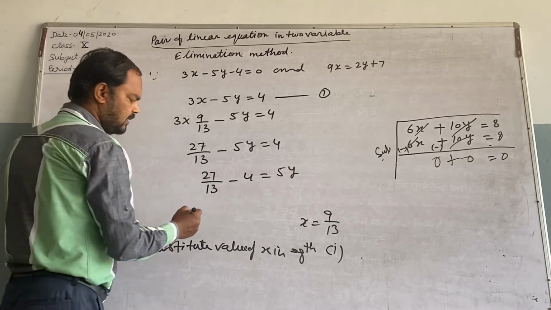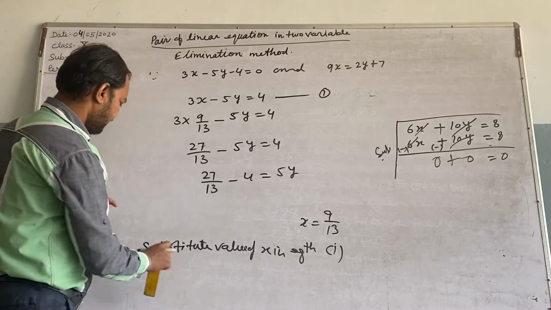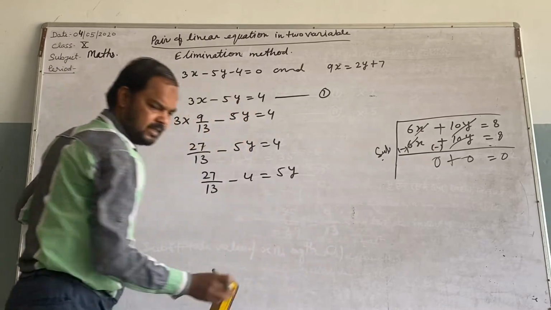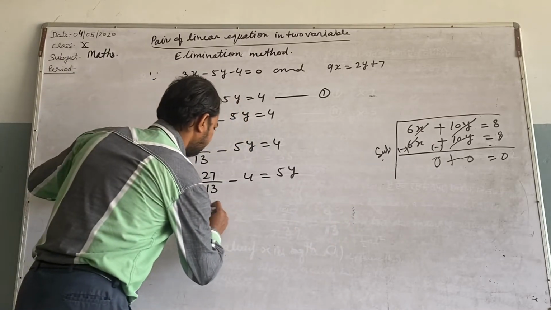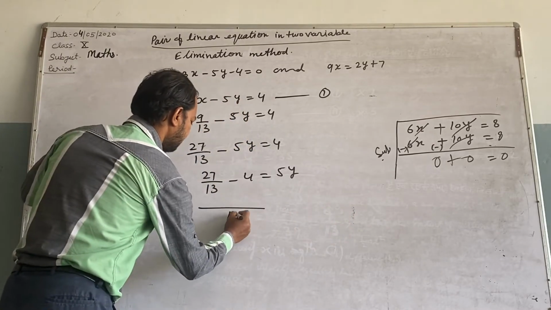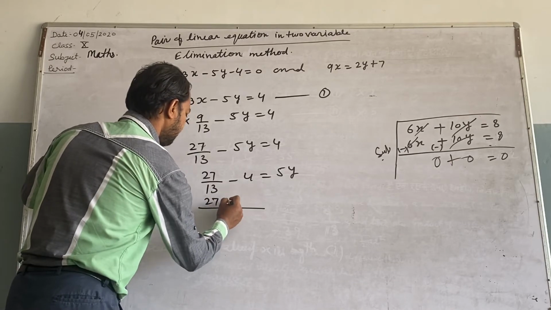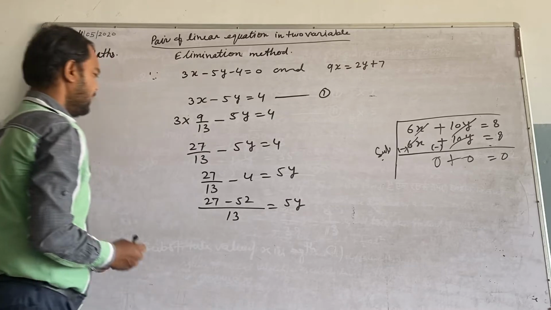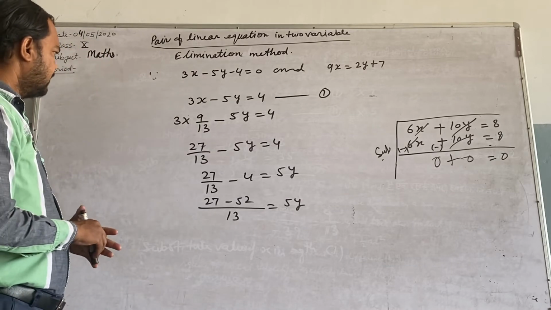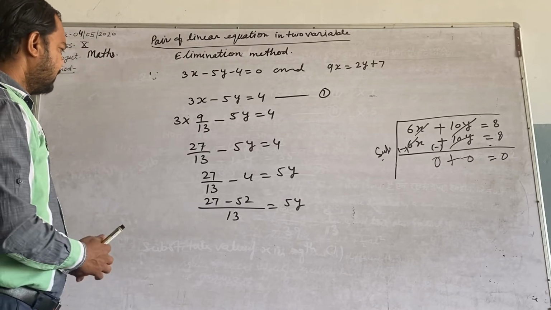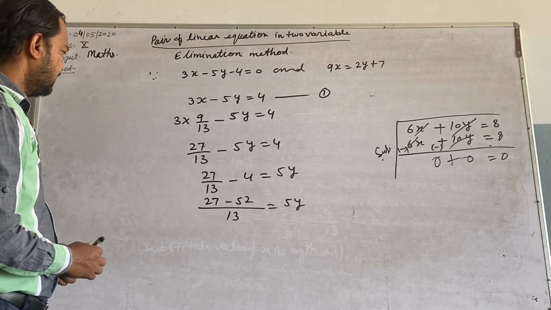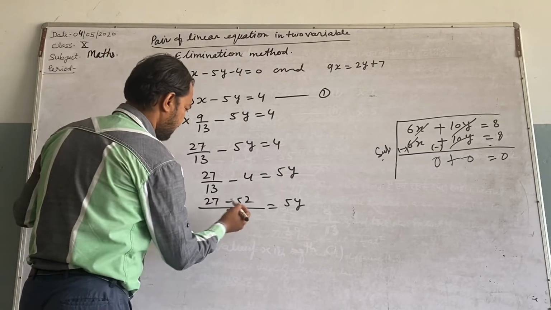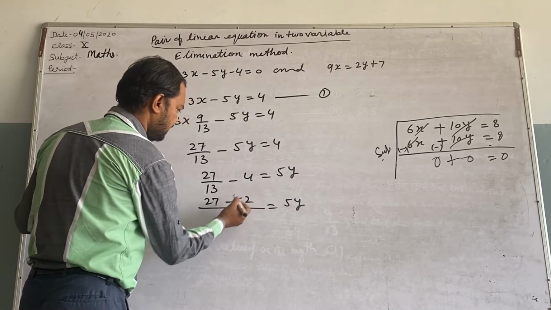Now simplify this by taking the LCM. The LCM is 13. 27 minus 52 equals 5y. How is it 52?